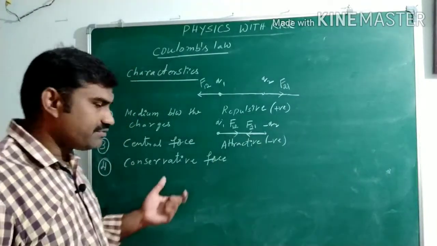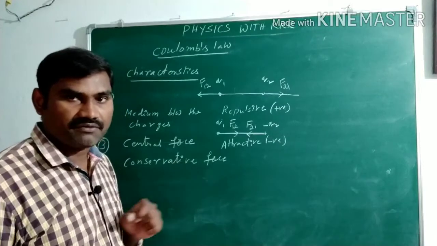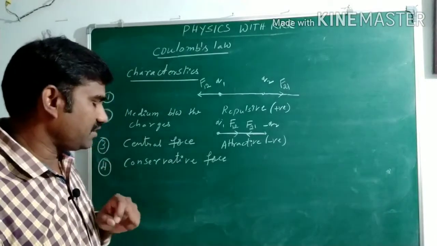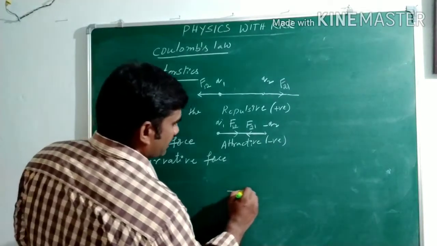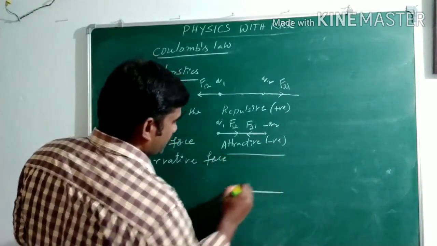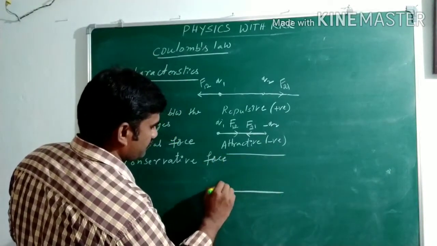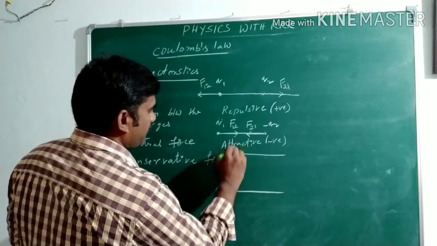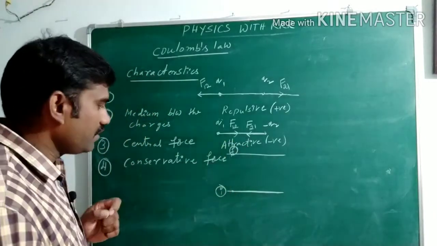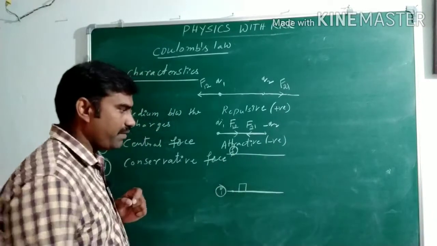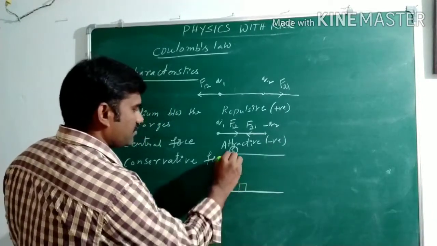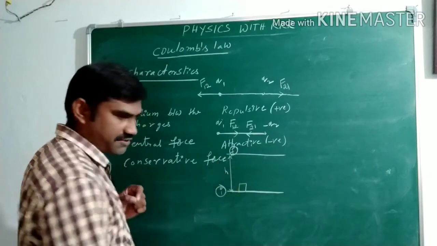This conservative force discussion is there in the chapter of work energy power from the class 11th syllabus. So what is meant by a conservative force? For example, this is the initial position and this is the final position. A block is placed on the ground and taken to a height of h.